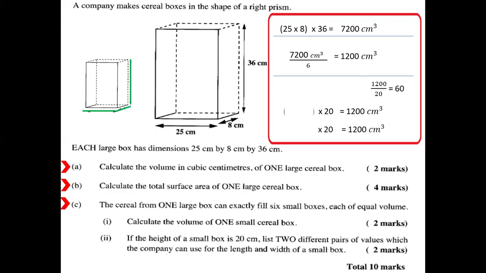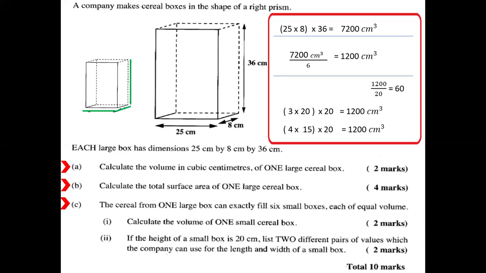So for example, 3 times 20 would give us 60 multiplied by 20. So this 3 times 20 would be the area of the cross-section, right? So on your diagram, where you have 20 times 8 would be 3 times 20, and the height would be 20. That would give us our 1,200. The company could also use a 4 times 15 base multiplied by the height 20 again, still giving us 1,200.